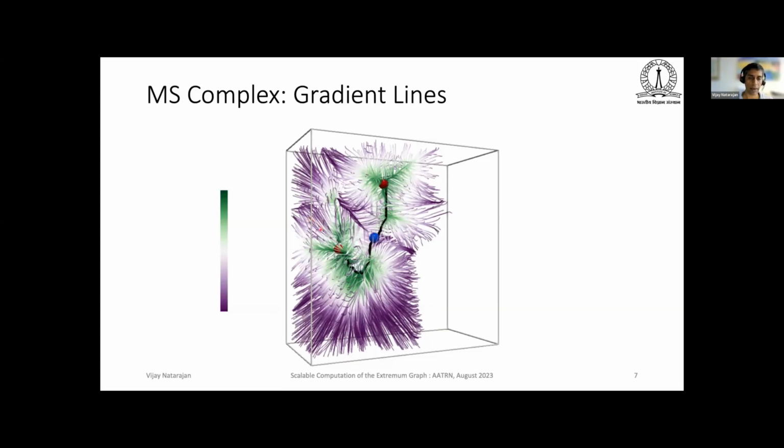So here the integral or the gradient lines are shown for two different maxima, 1 and 2, and colored by the scalar values, essentially the distance values in this case.